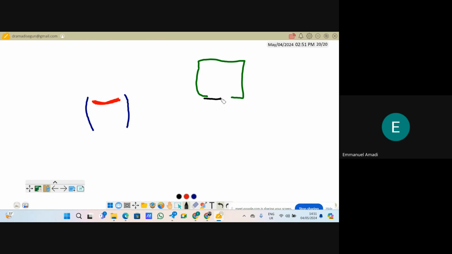These are your mitral valves, both leaflets, because the mitral valve has two leaflets. Now, this is your ventricle. Now, look at the challenge.